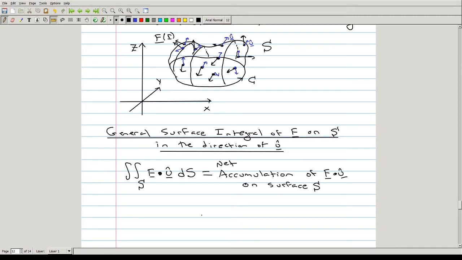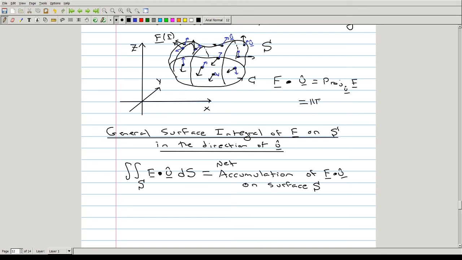And essentially this value is giving you an idea of the net amount that the vector field F is flowing in the direction of u hat on the surface. Because if you remember, this product, the dot product of F with u hat, is just equal to the projection of the vector F in the direction of u hat at any single point in the surface.